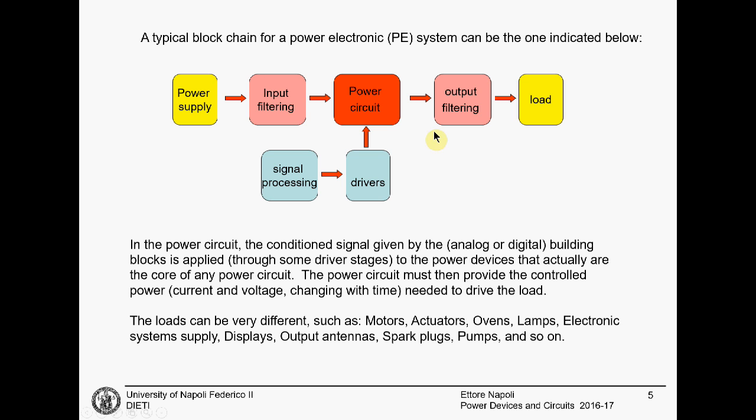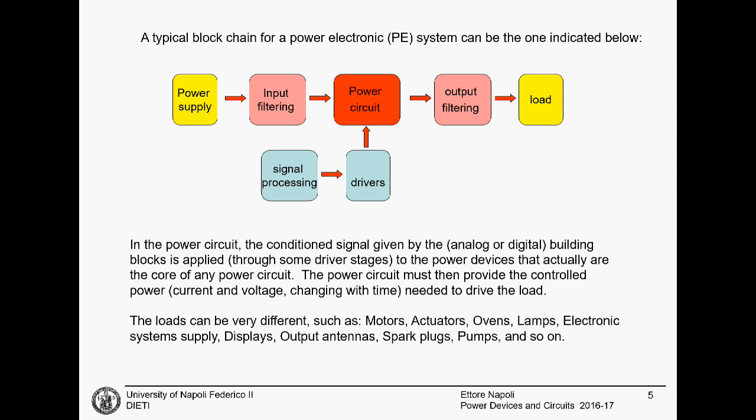In this circuit, you will have a number of devices, active devices, transistors, diodes, MOSFETs. These are not conventional devices. These are particular devices that are designed in order to sustain and handle a large amount of power.